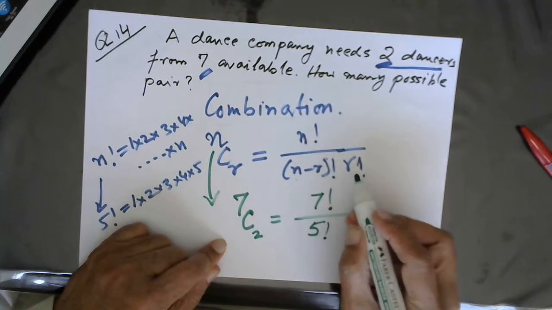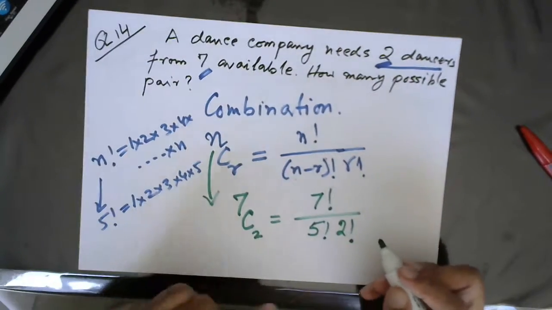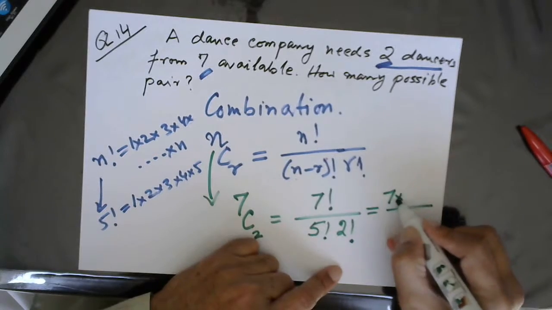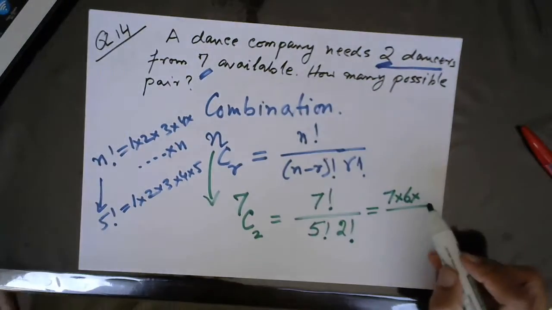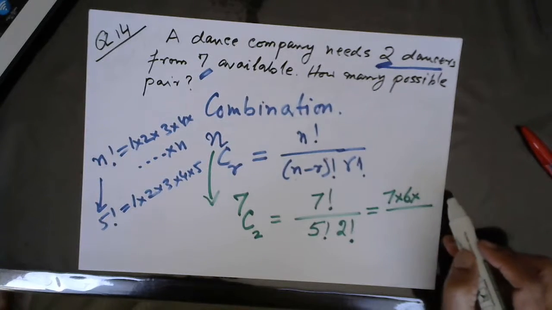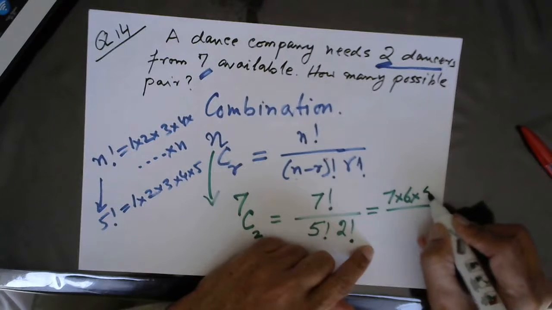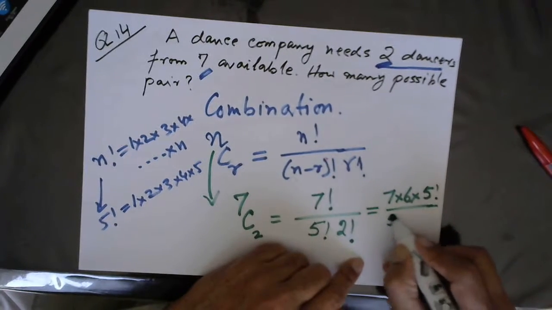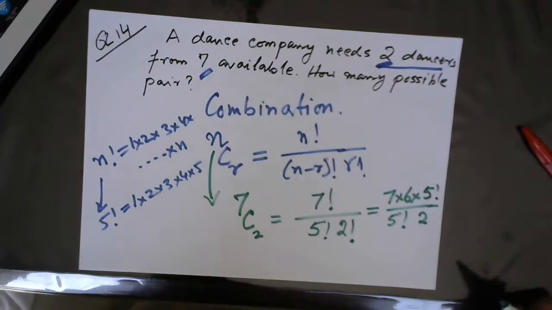And r is 2, so 2 factorial. Well, I can write it as 7 times 6 times 5 times 4 times 3 times 2 times 1, which is the same as 5 factorial, divided by 5 factorial, and 2 factorial is nothing but 2.